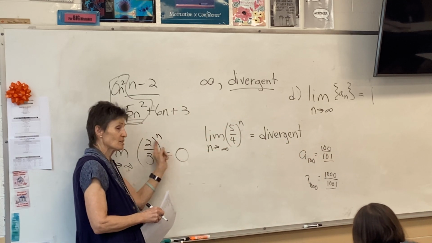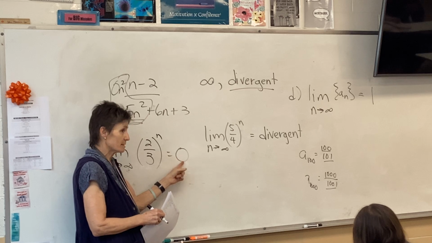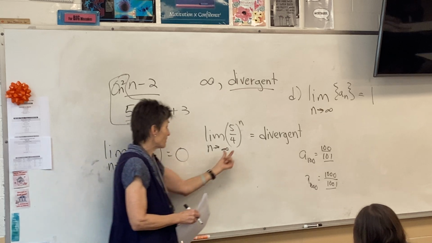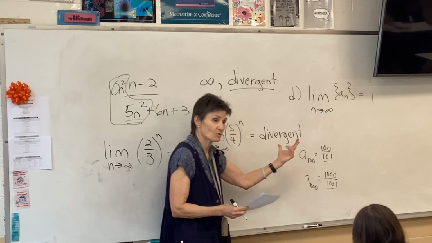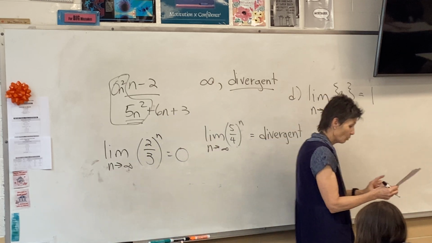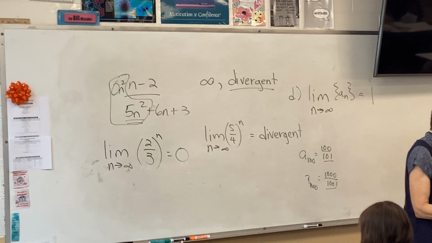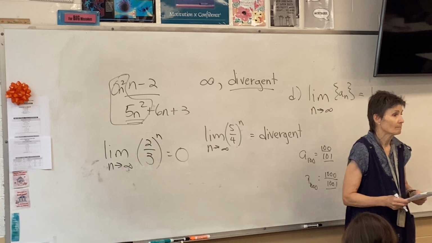I don't care what the exponent is, forget it. Look at this right here. If that number's less than 1, 0 is the limit. If that number's bigger than 1, there is no limit. Divergent means no limit. So, tell me about problem K. What is the answer to problem K? Divergent, no limit. Divergent.